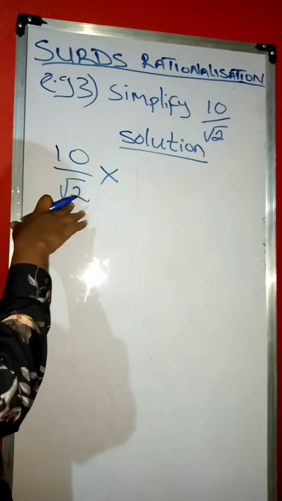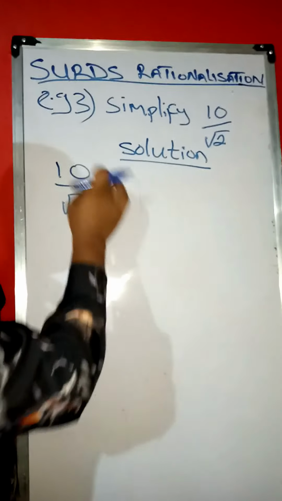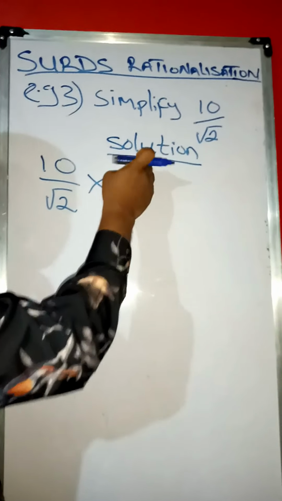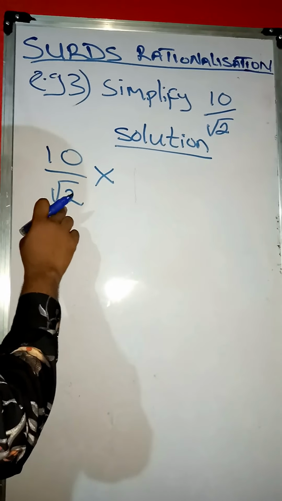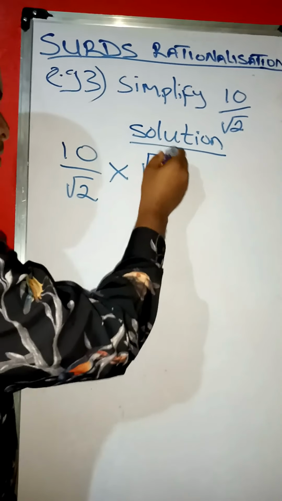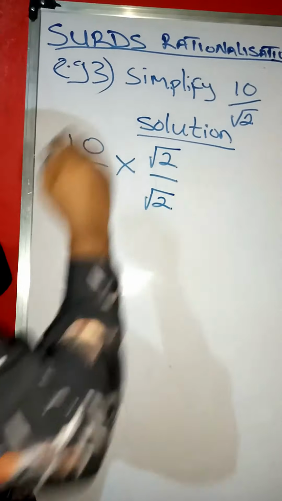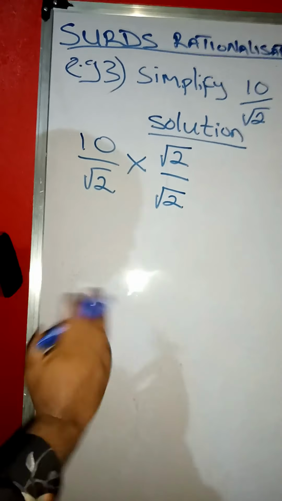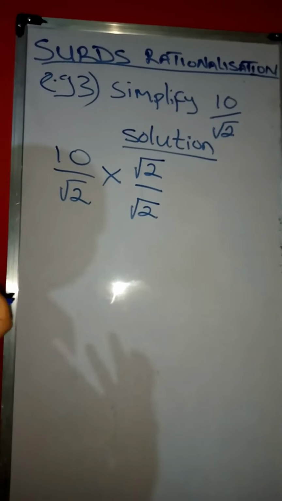Because this is an irrational number, I will need to multiply both the numerator and denominator by what is in my denominator, which is root 2. Anything I do to the top, I must do to the bottom. Root 2 over root 2 can cancel to give you 1. So I've actually not done much to my equation. I only simplified it for my own choice.